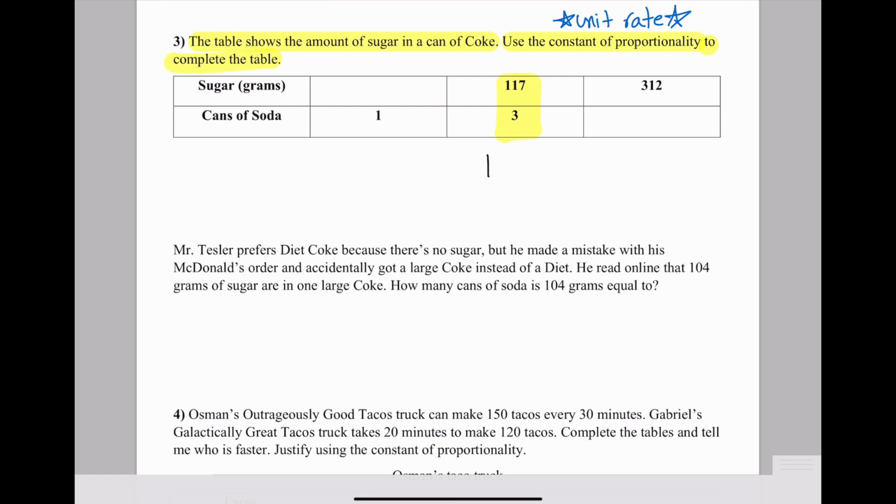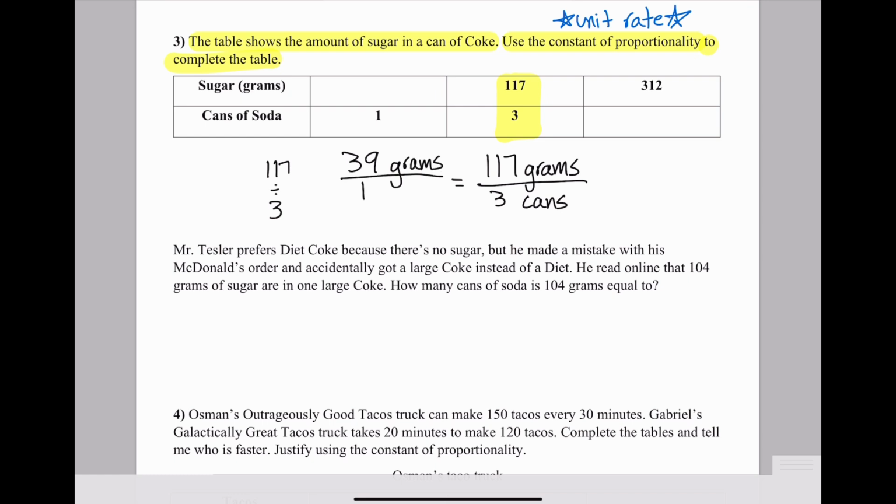We have 117 grams of sugar, and that's going to be for 3 cans. If we put 117 divided by 3 in our calculator, that's going to give us our unit rate, which is 39 grams for 1 can.